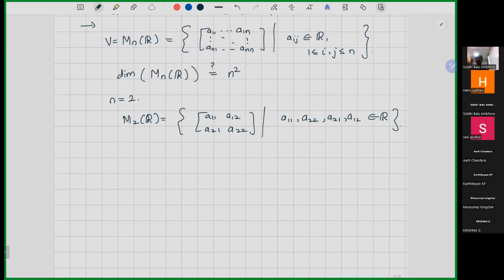You know what dimension is, right? It is the cardinality of the basis. What is the basis of M_2(R)? Can somebody give me?